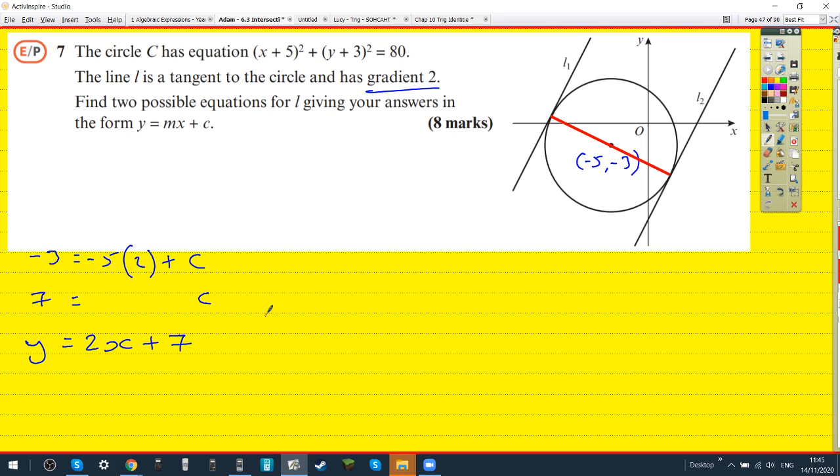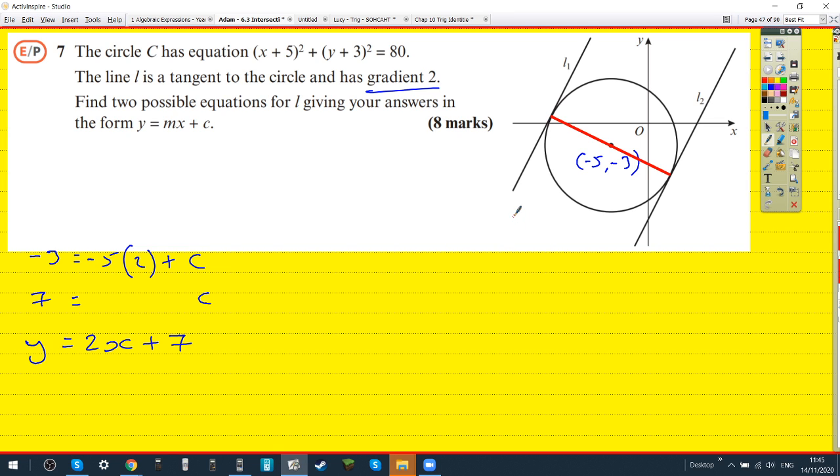Would you divide it by 2 or no? Definitely not. So now would you sub back in -5 and -3 again? You would just get a correct equation.